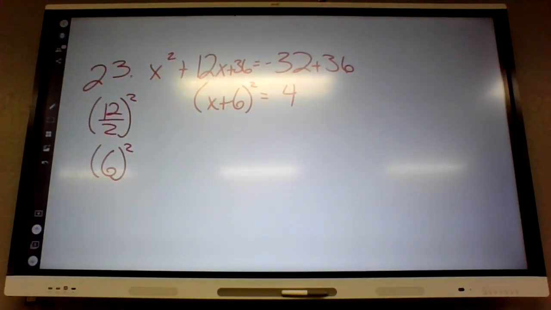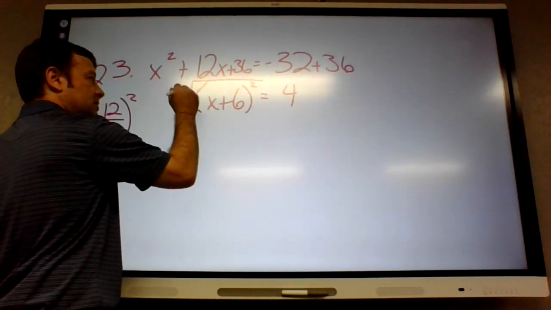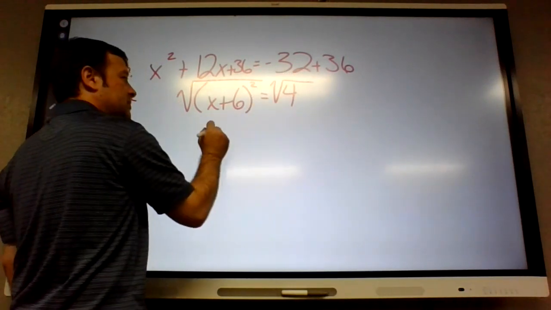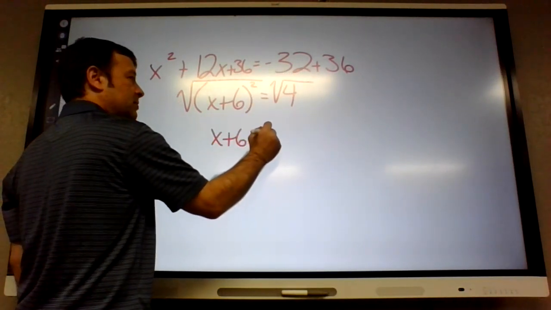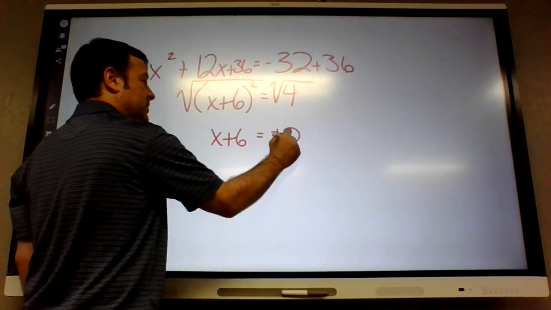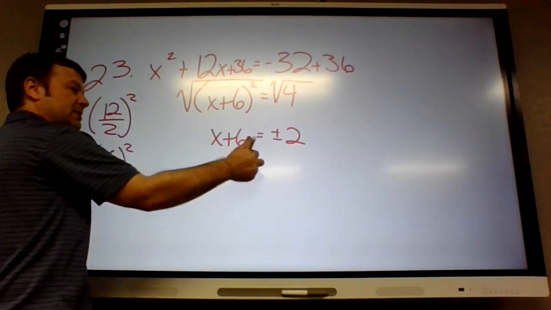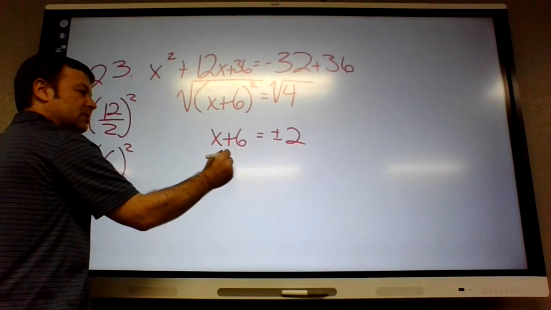This is kind of how 22 works also. So now what did we do at this point? Square root. So it's x plus 6 equals plus or minus 2. Some of you added 6 at this point. What should we do?